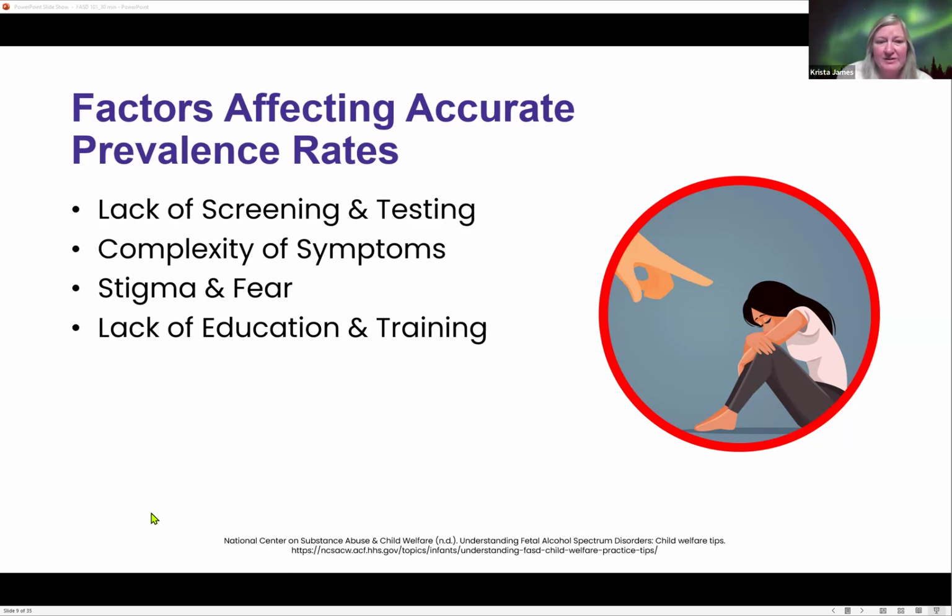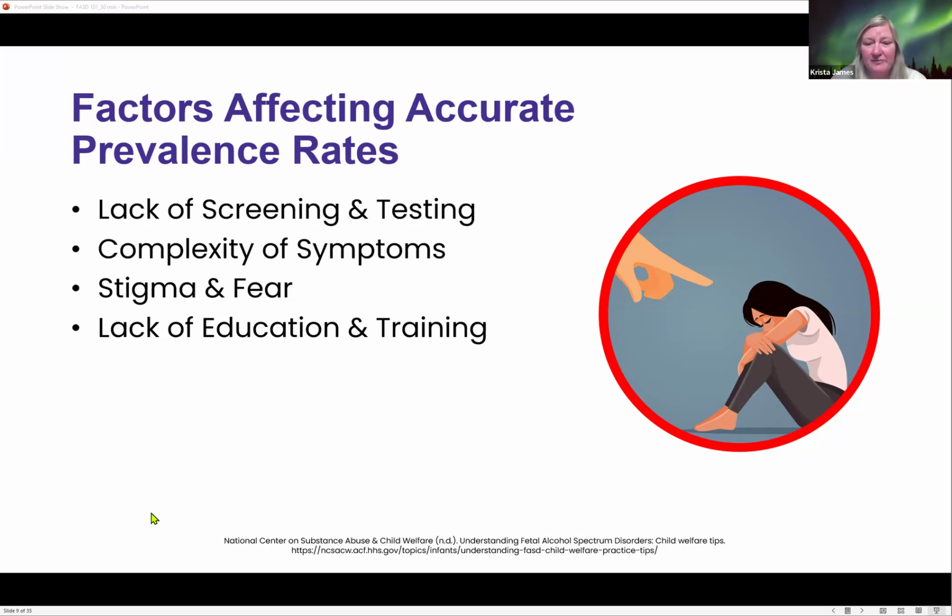We also know that there's definitely a lot of stigma and fear with an FASD diagnosis. Shame and guilt can prevent women from admitting alcohol use during pregnancy, which can make it more difficult to diagnose. And then also, women fear child welfare involvement or having their children removed from them if they do disclose prenatal alcohol use. And finally, we have a lack of education and training.